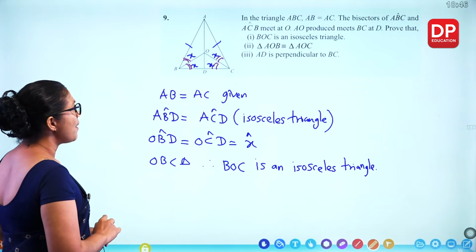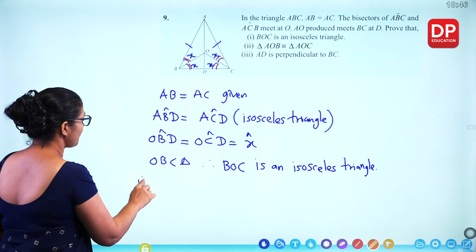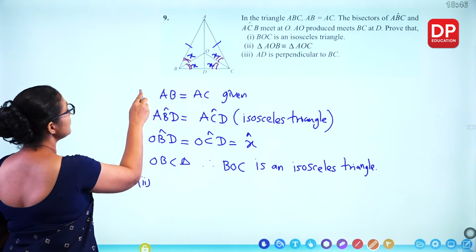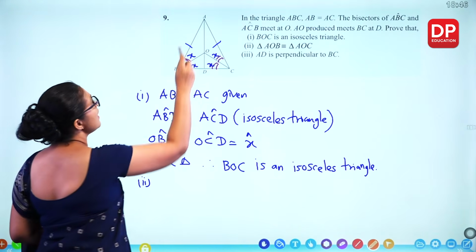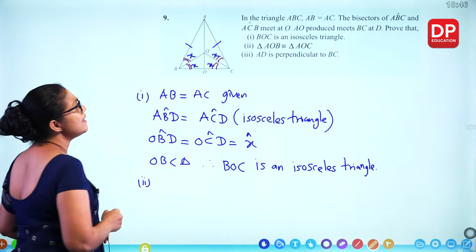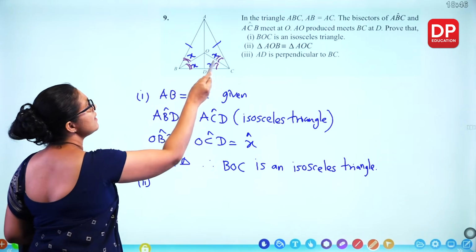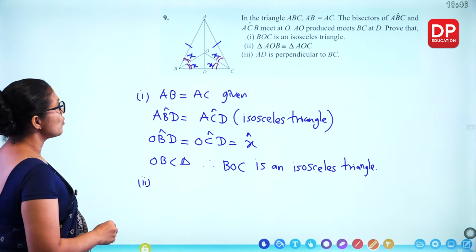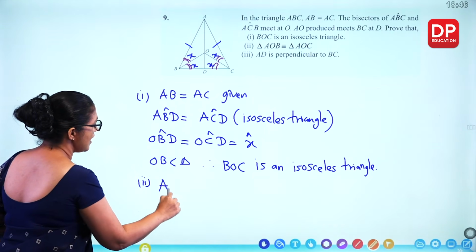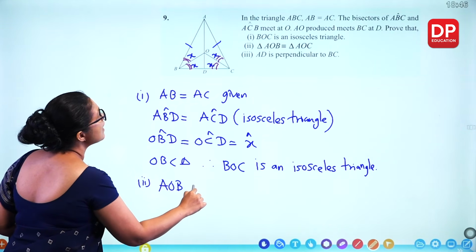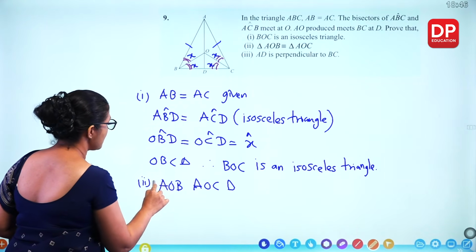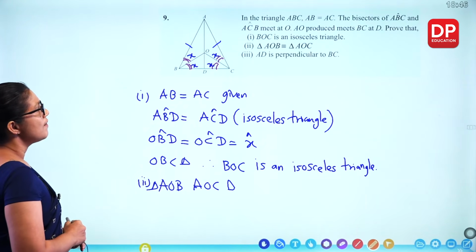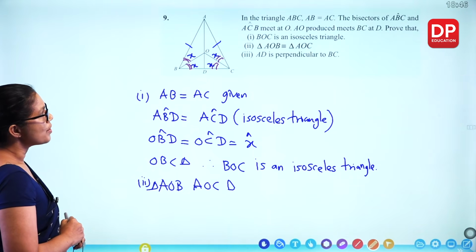Now what's the second part? The first part says AOB triangle and AOC triangle are congruent. So we'll take those triangles AOB and AOC. These are the triangles that we need to check whether they are congruent.